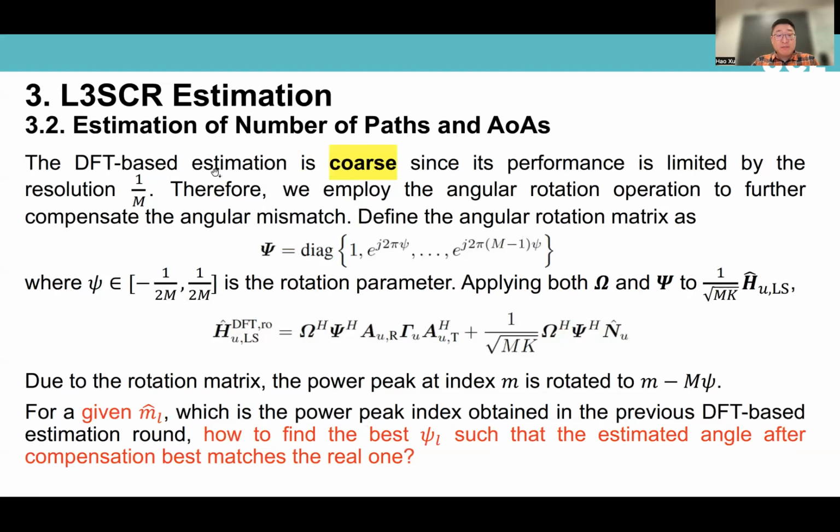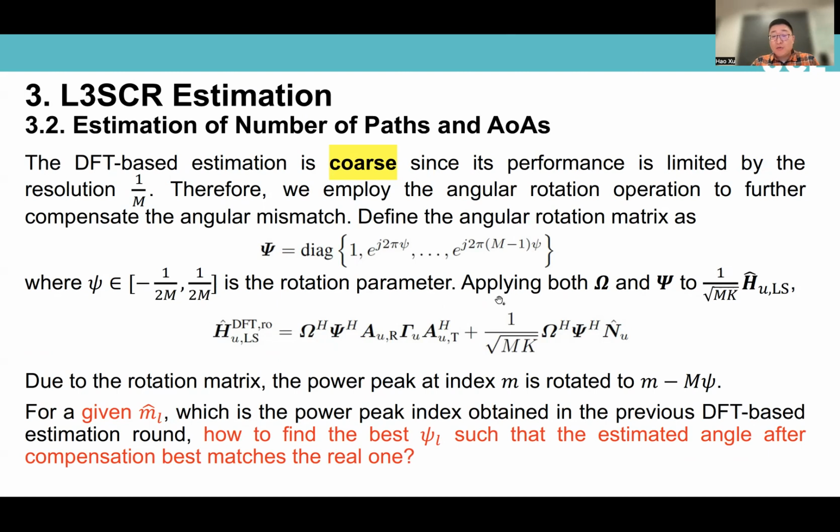However, the DFT-based estimation is coarse because its performance is limited by the resolution 1 over M. Therefore, we employ the angular rotation operation to further compensate the angular mismatch. We define the angular rotation matrix as follows: matrix phi. Here, each parameter in this interval is a rotation parameter.